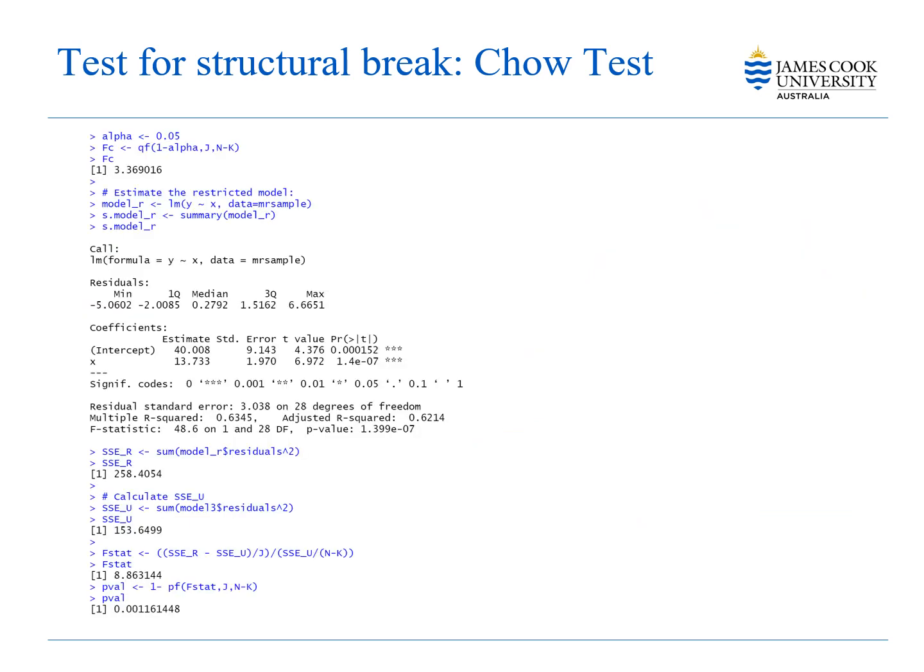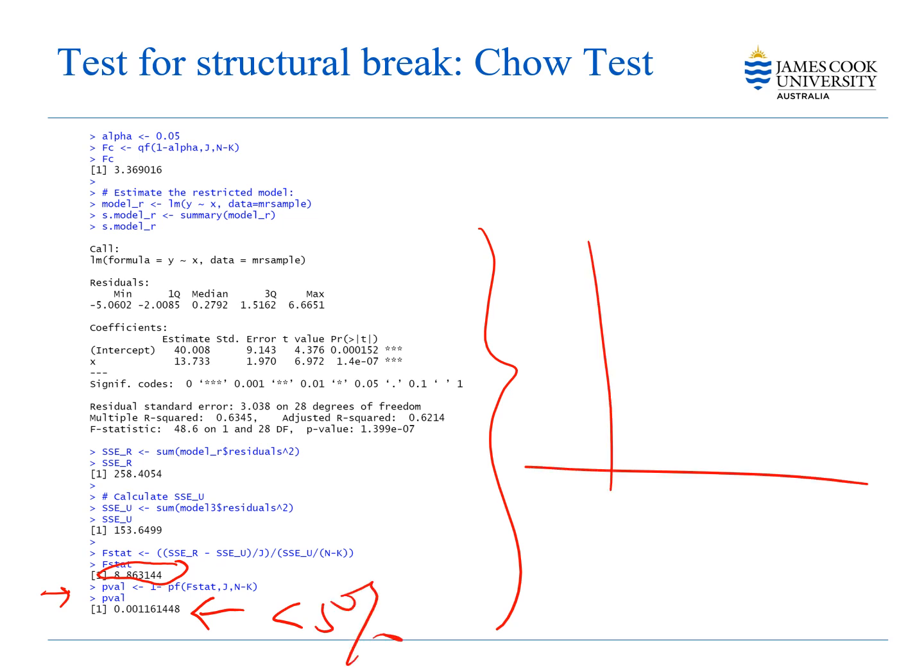And this is the result. I didn't calculate the critical value, I only calculated the p-value here. The sample F-statistic is 8.86. The associated p-value is 0.001, which is less than 5%, so we can reject the null hypothesis. This area is very small, so we reject the null.